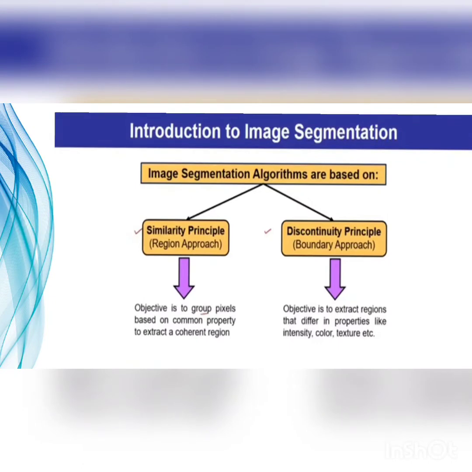And the other property is the discontinuity principle. The objective is to extract regions that differ in properties like intensity, color, texture, etc. That is, the discontinuity principle is the opposite approach of the similarity principle. We are segmenting an image based on some dissimilarities or changes between them.